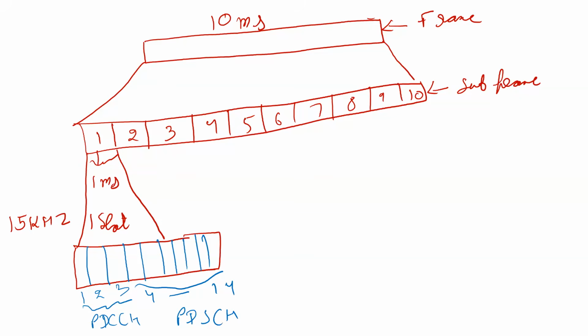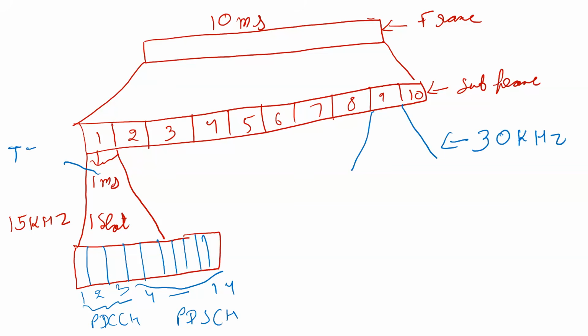But what happens if I decide to deploy a subcarrier spacing of 30 kilohertz? Here, just remember, there is one thing called TTI.